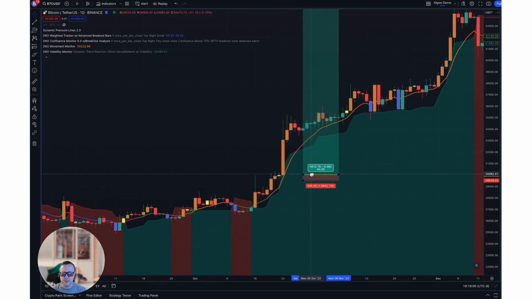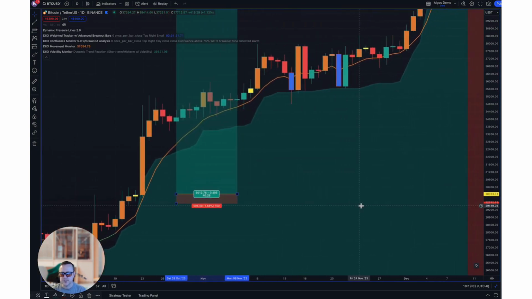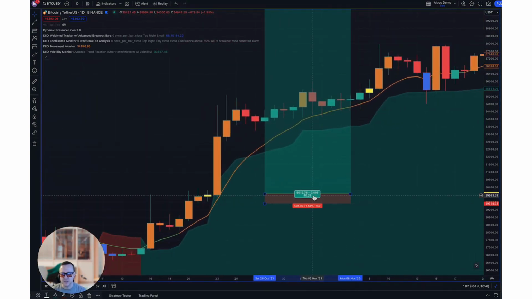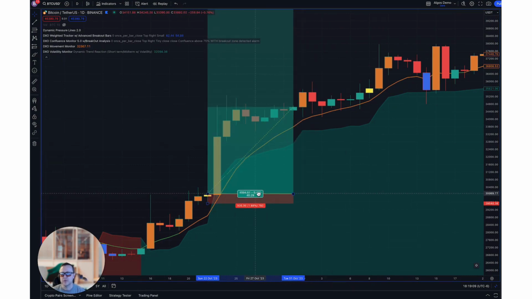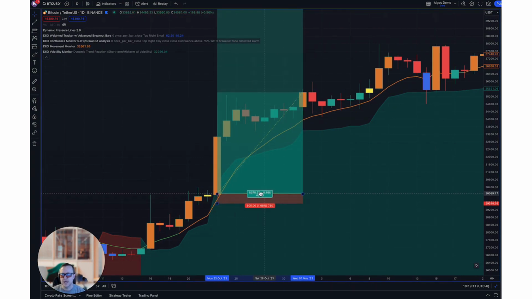What's beautiful about that entry is it was literally about as tight as you could get. It actually tapped below the volatility monitor on this one, but at the same time, you can see it was above the movement monitor. So this one, statistically speaking, created the best use case for asymmetry.